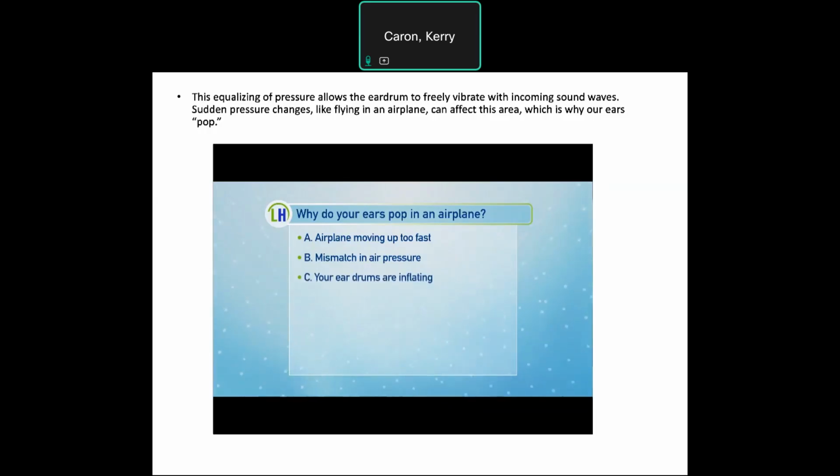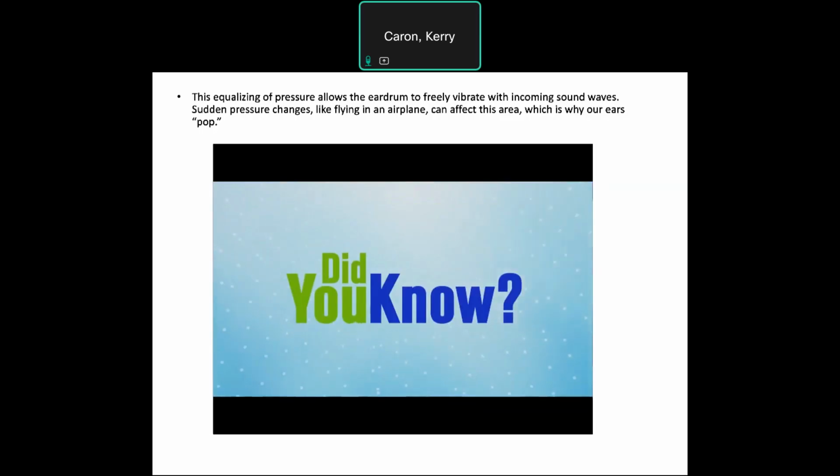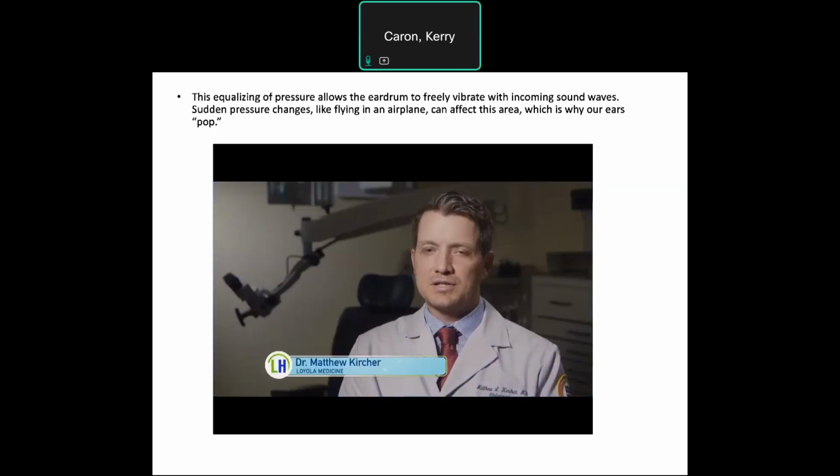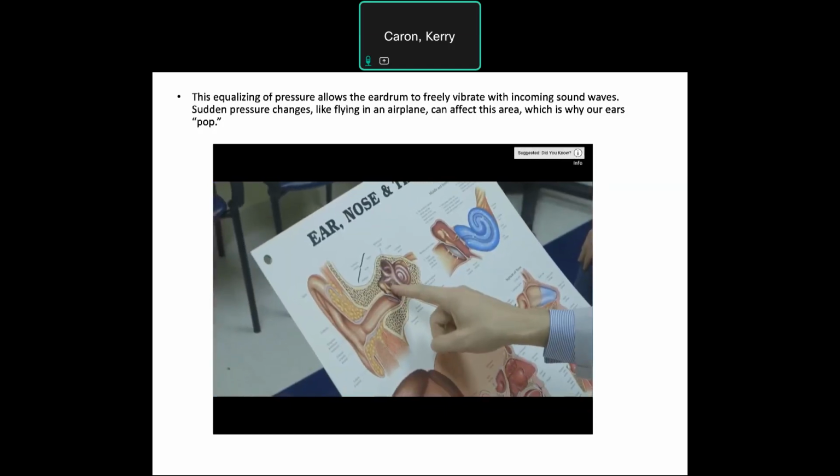Before the break, we asked if you knew why your ears pop when you fly in an airplane. Now it's time for the answer. Your ears pop because of your eustachian tubes, the tubes that connect the space underneath your eardrums to the back of your throat. You're getting a cabin air pressure mismatch with your middle ear pressure.